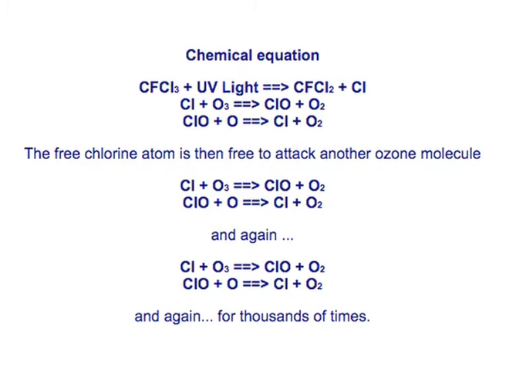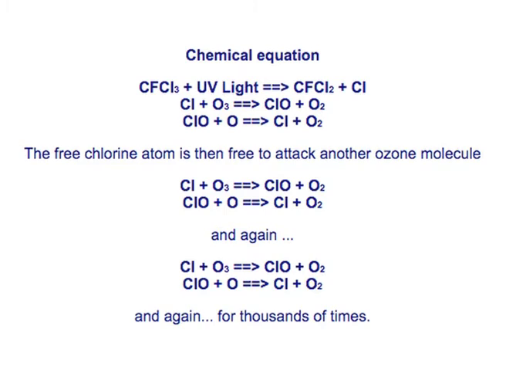So, we have three important reactions taking place leading to ozone depletion. The first one, the chlorofluorochloride reacts with UV light and it produces the major byproduct, chlorine. The chlorine reacts with ozone and it depletes the ozone and gives rise to chlorine monoxide and oxygen.